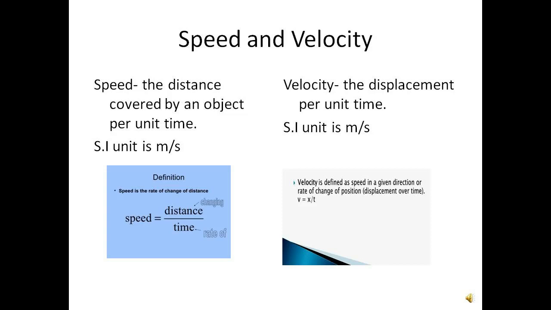Velocity is also defined as speed in a given direction, or rate of change of position, which is also displacement over time. Acceleration. The rate of change in velocity is called acceleration.